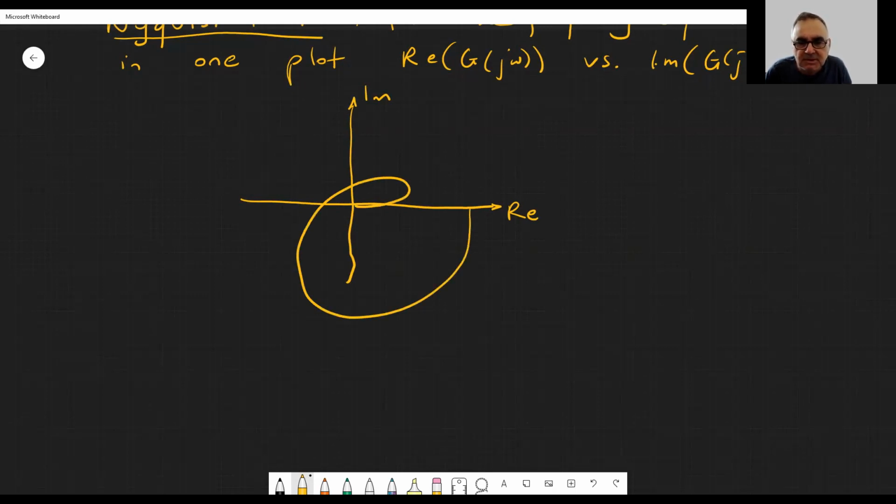It starts at omega equals 0 and goes to here at omega equals infinity. As omega increases, you get a curve that goes on like this. For different systems, you will have different Nyquist plots.